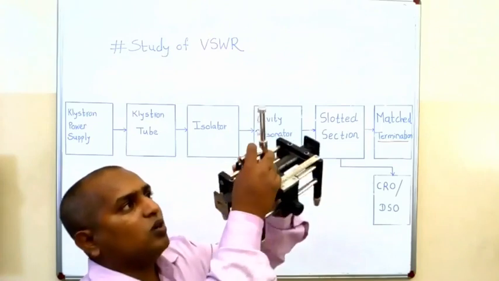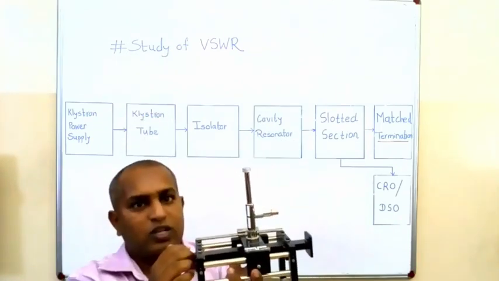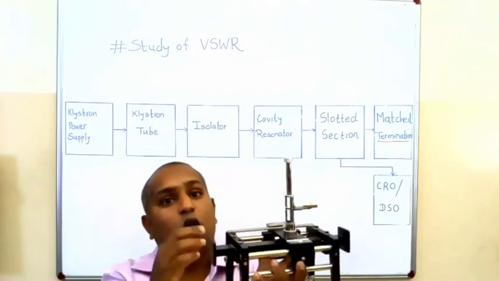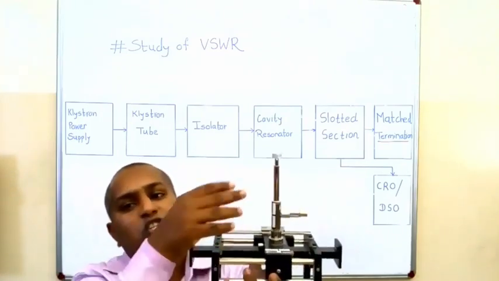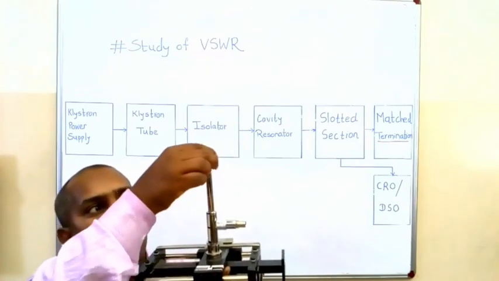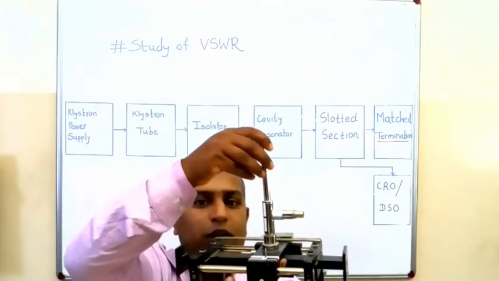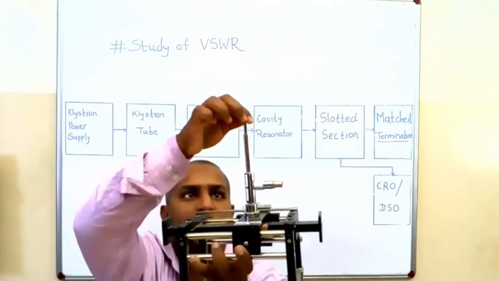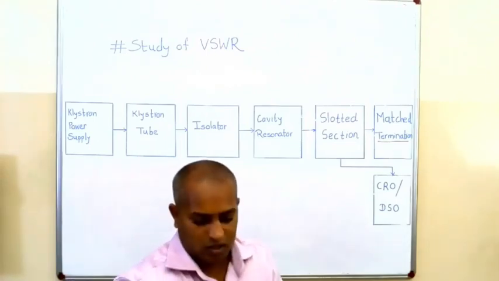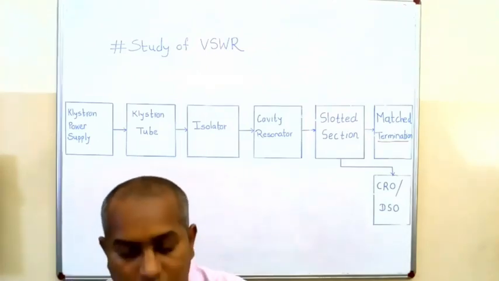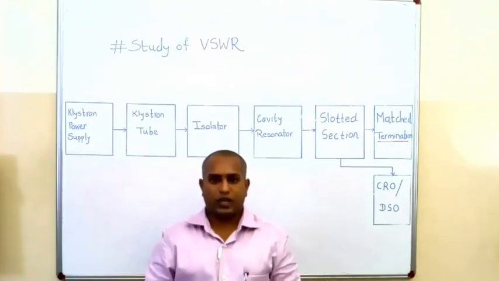Now this probe is a tunable probe, meaning we can change the input impedance of this probe. So this portion is used to match the impedance. You look here, it is varying. Now the question comes to mind, how to determine VSWR by using the slotted line section?